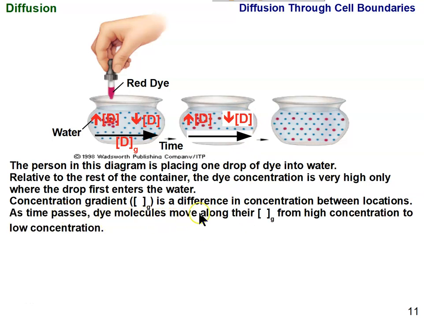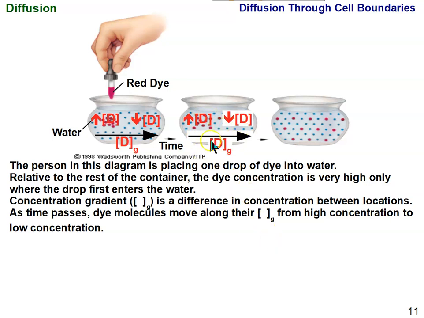As time passes, the dye molecules move along their concentration gradient from high concentration to low concentration. And that's the way diffusion always happens. It always happens from high concentration to low concentration. We call that along the concentration gradient. So all particles in solution are going to diffuse along their concentration gradient from high concentration to low concentration.